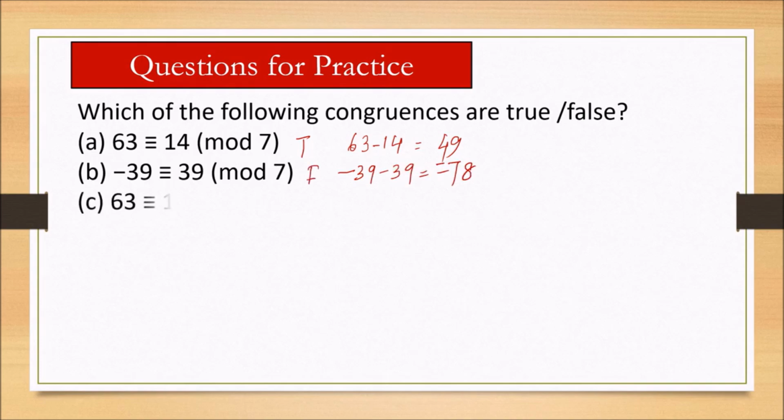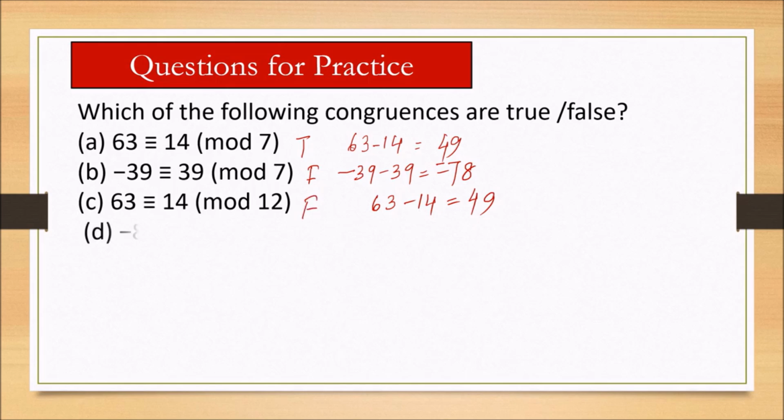Next, coming to C, 63 is congruent to 14 modulo 12, so it will be 63 minus 14. It is again false. Next is your negative 8 is 16, so it is true.